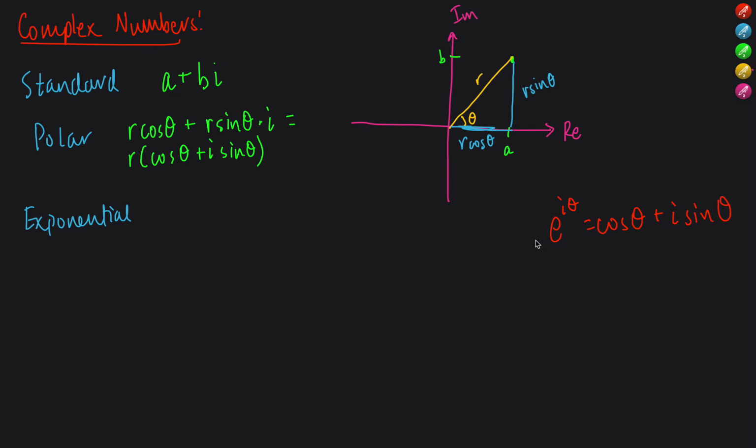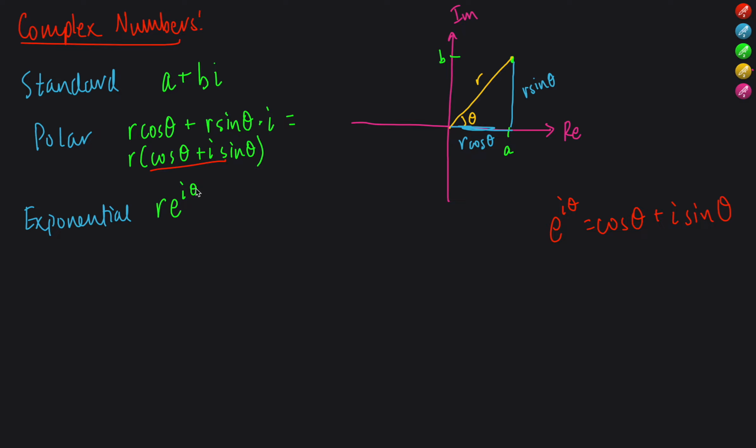There are a lot of proofs of this identity. One uses Taylor series and calculus. There's also a nice, cool proof that I'll talk about in a little bit. But for now, take this for granted. Then you can see that over here, you just substitute e to the i theta. So the exponential form of a complex number is r times e to the i theta.